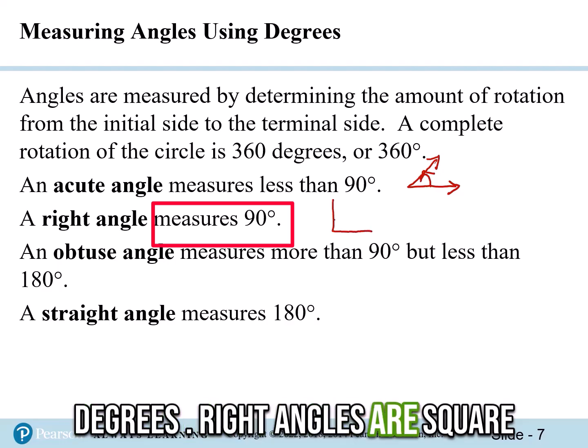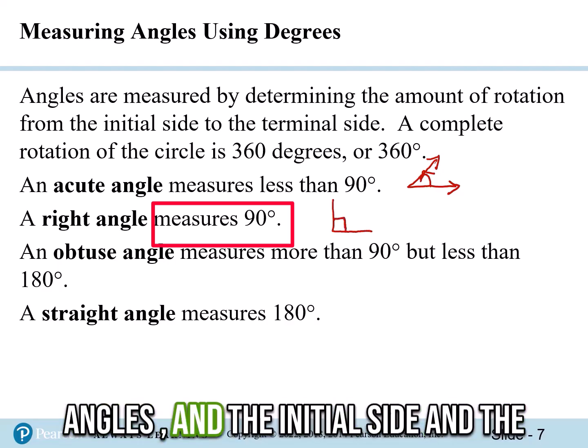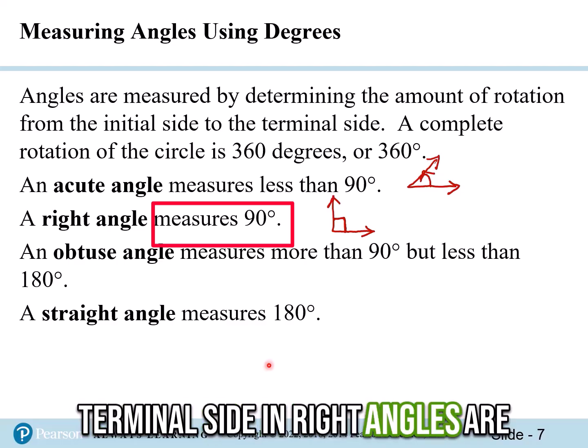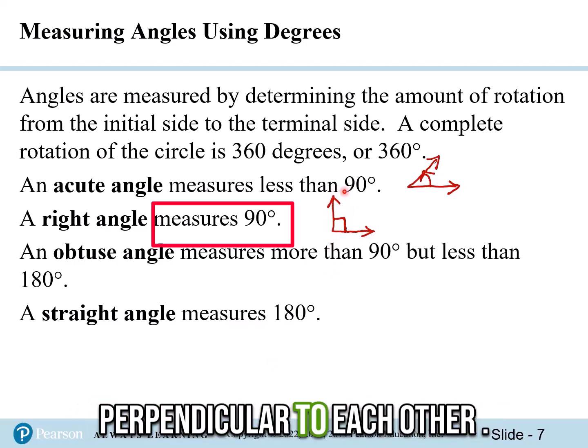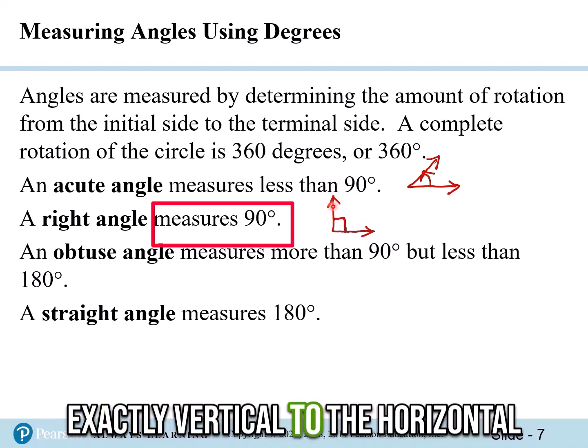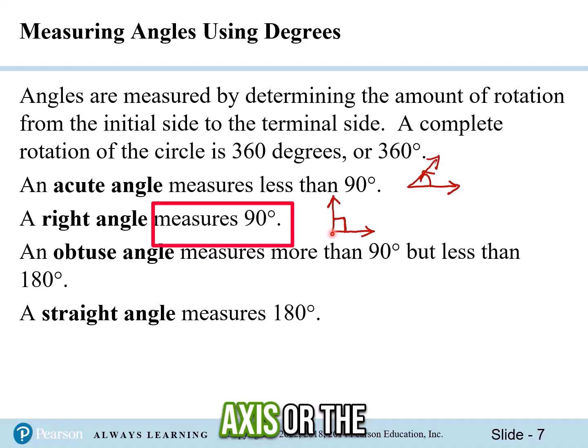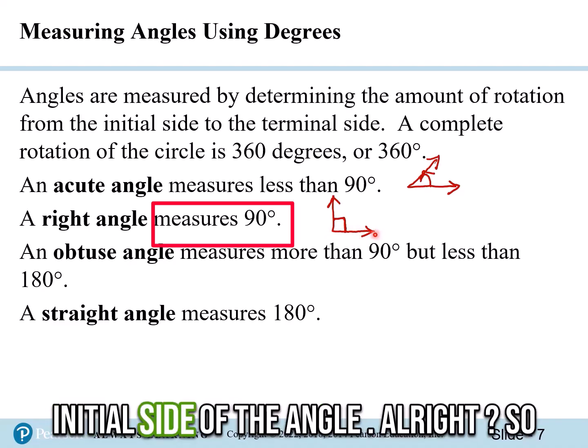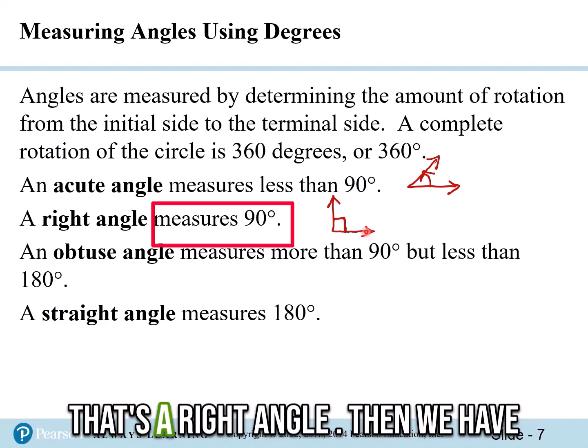Right angles are square angles, and the initial side and the terminal side in right angles are perpendicular to each other. The terminal side positions itself exactly vertical to the horizontal axis or the initial side of the angle. All right, so that's a right angle.